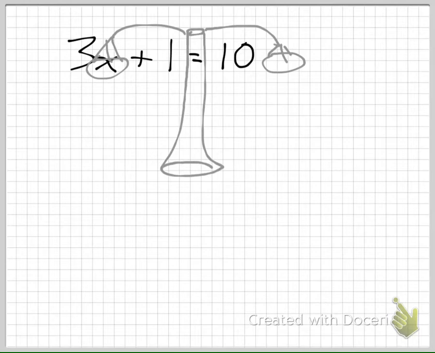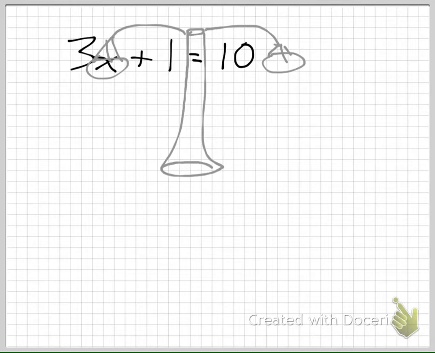And on that scale, it's balanced. That equal sign is telling you that it's balanced, right? The rules are this. You have to keep this balance balanced. You are never allowed to get it unbalanced, ever.